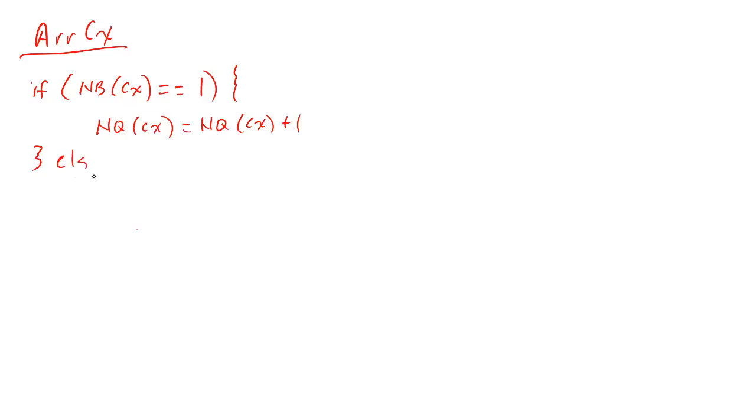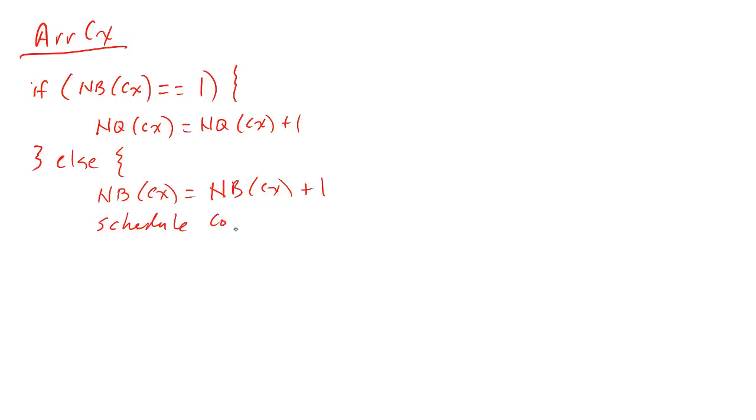Otherwise, we set the server to busy. So NBCX equals 1. Or the more general notation, we can say NBCX equals NBCX plus 1, which for a single server, single capacity server, it's always going to be 1. But the more general notation is to just increment the value. So we increment the value for the busy, and then we schedule the completion event.